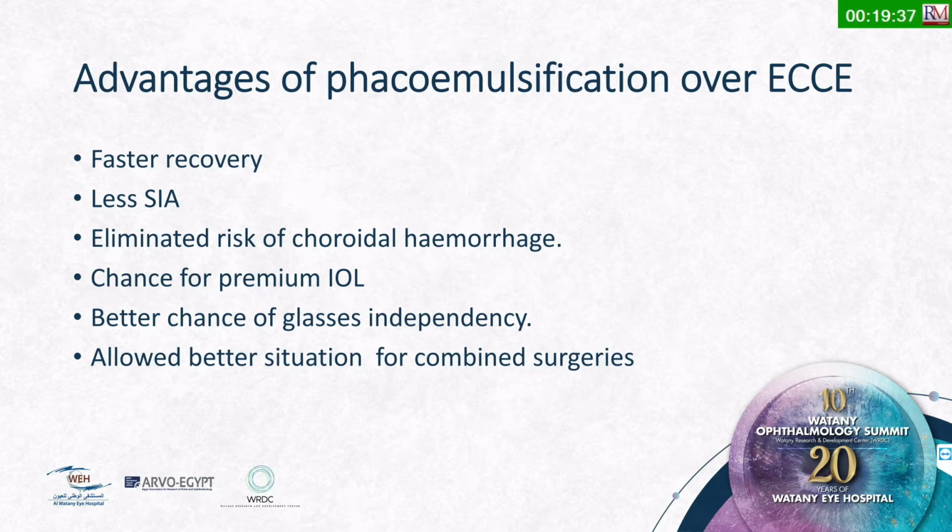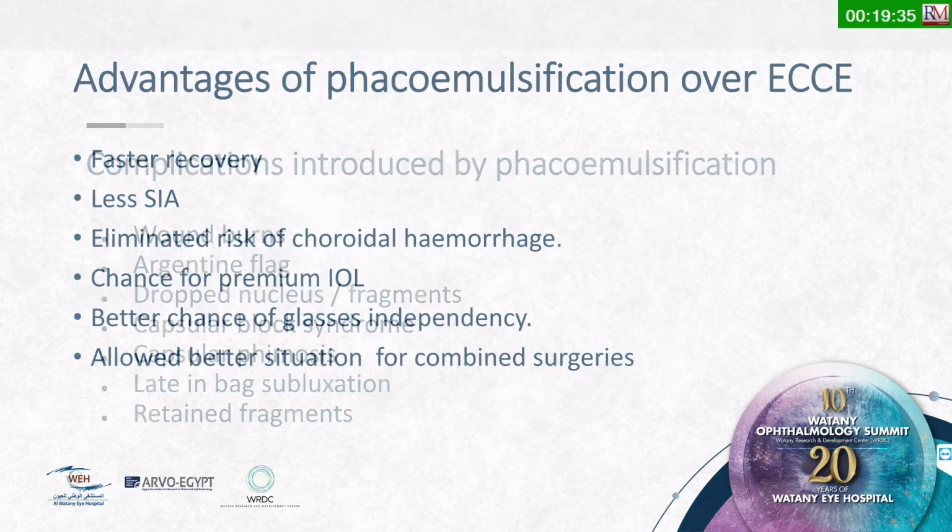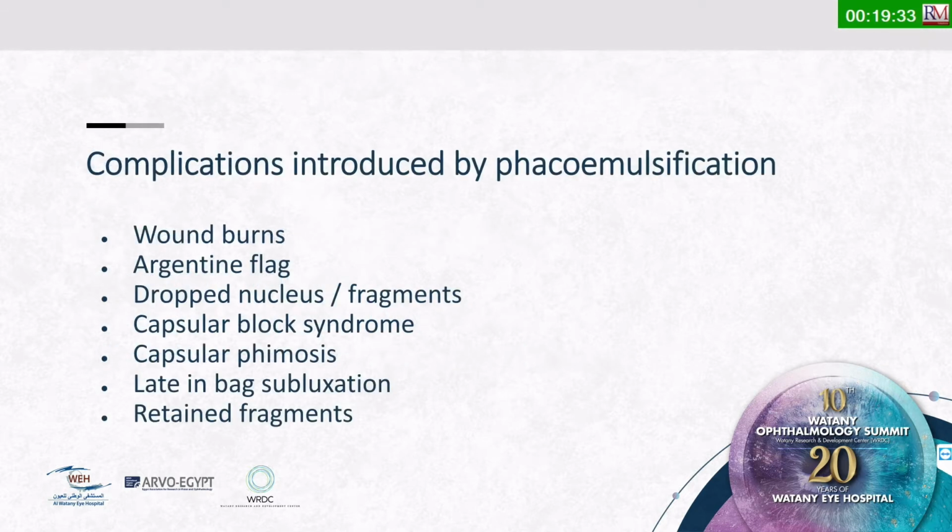But along with this list of advantages, phacoemulsification has introduced new complications, like wound burns, Argentine flag, dropped nucleus, capsular block syndrome, capsular phimosis, late in-the-bag IOL subluxation, and retained fragments. Today we're going to talk about one of this long list of newly introduced complications.